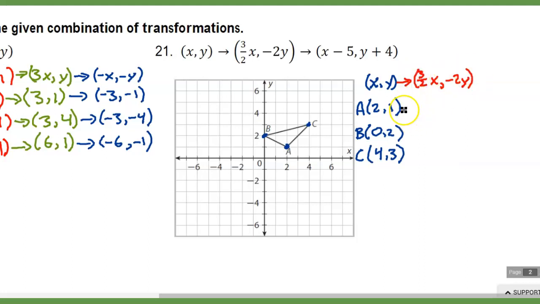So step by step, 2 times 3 over 2 is 3. 0 times 3 over 2 is 0. 4 times 3 over 2 is 6. Okay. And now negative 2 times y, so we have 1 times negative 2, 2 times negative 2, 3 times negative 2. There is our first transformation.